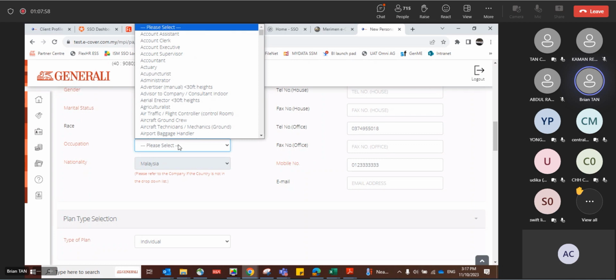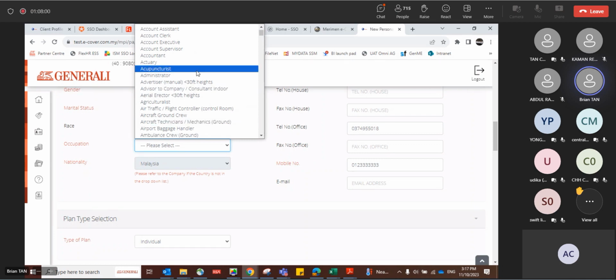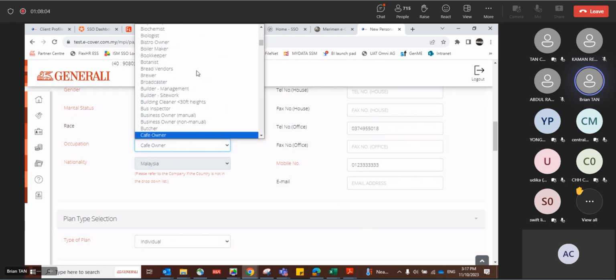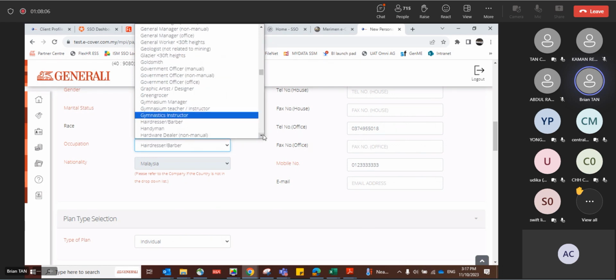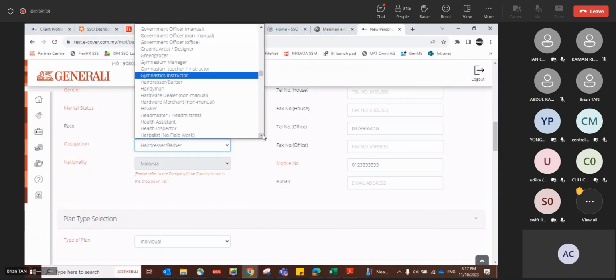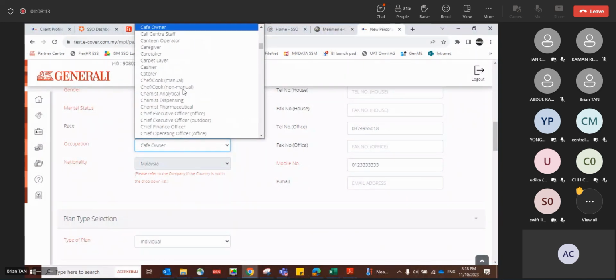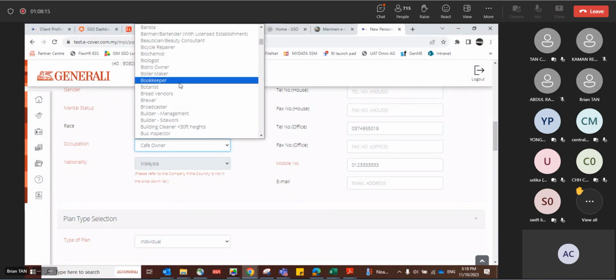For PA, you have to ensure the occupation. Maybe I choose cafe owner.